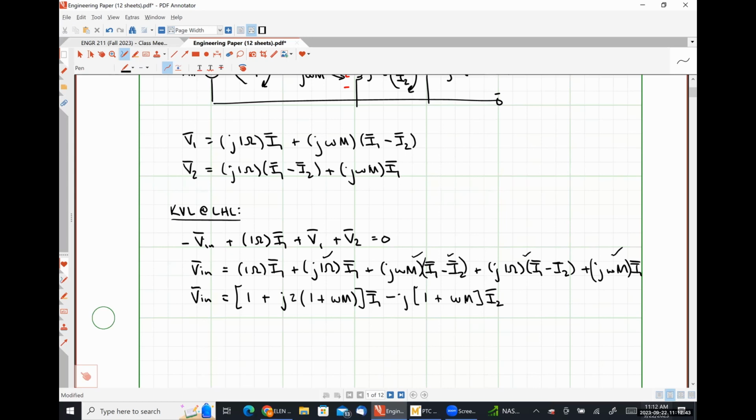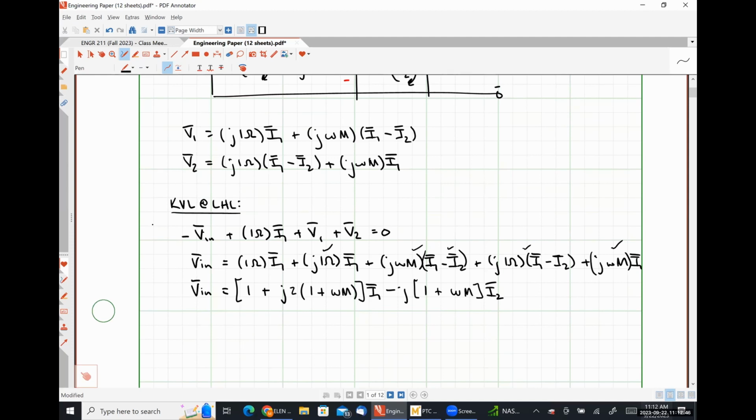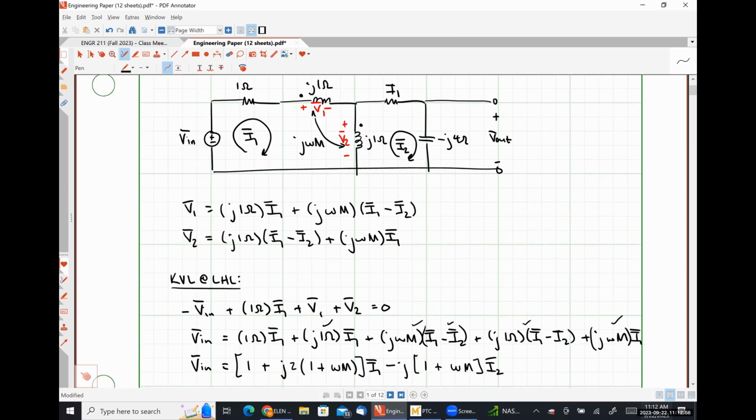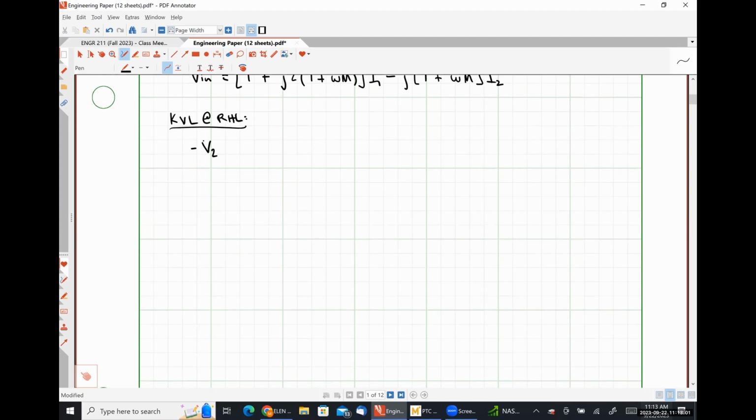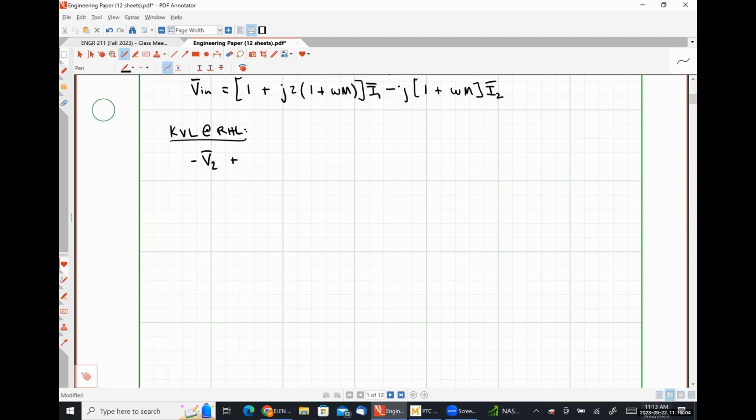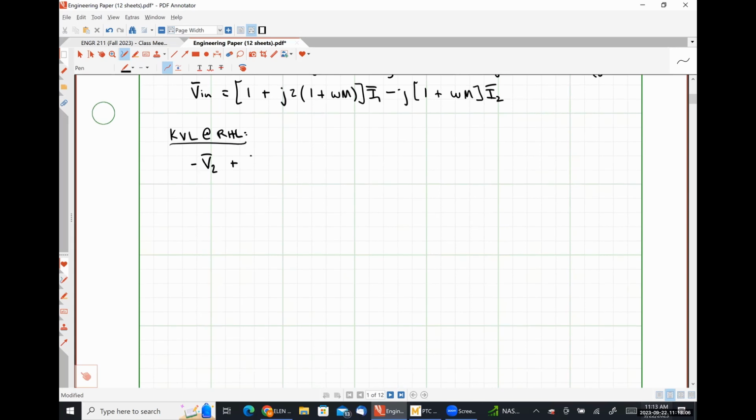Now we're going to do KVL around the right-hand loop. Around the right-hand loop, we're going to have negative V2 plus 1 ohm times I2 plus negative J4 ohms times I2 is equal to 0.